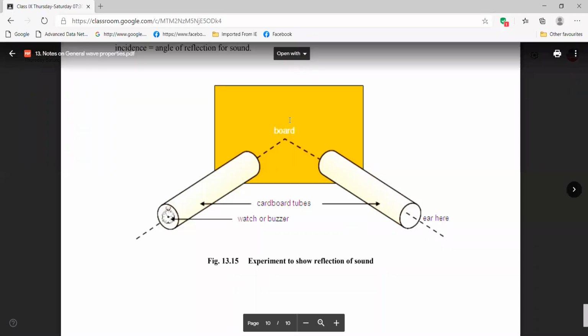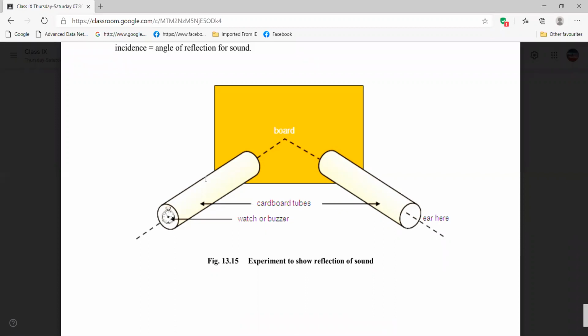Okay, so here we have a board, and then we have cardboard tubes. At this end, we are giving one clock or buzzer or any sound source. If we are maintaining the angle, angle of incidence and angle of reflection are equal, then you can hear the sound. If you are changing the place of these cardboard tubes, then it's not maintaining the law of reflection, right?